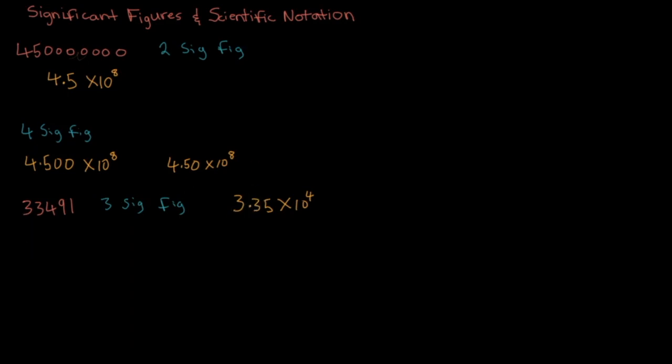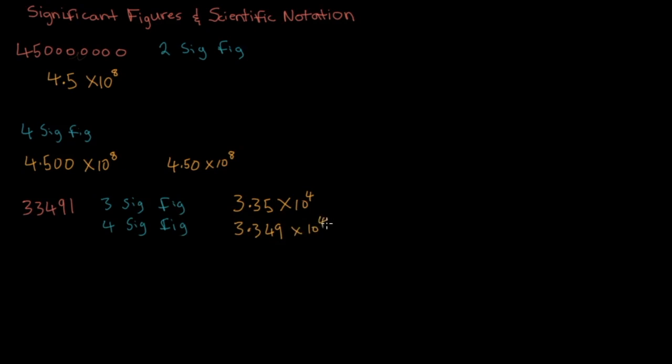If we were to write it to 4 significant figures, for instance, we would write the first 4 digits and then times 10 to the 4. So it would be 3.349 times 10 to the 4.